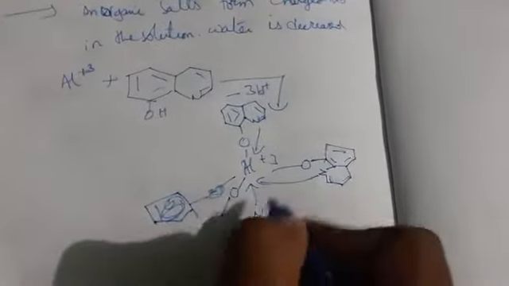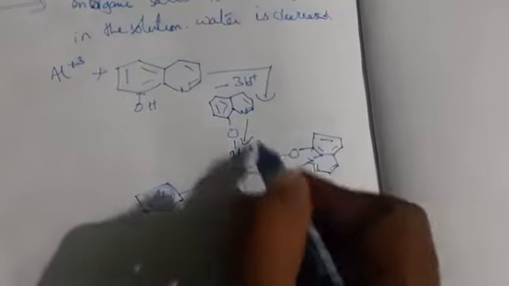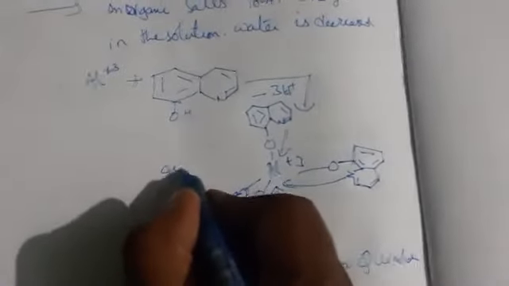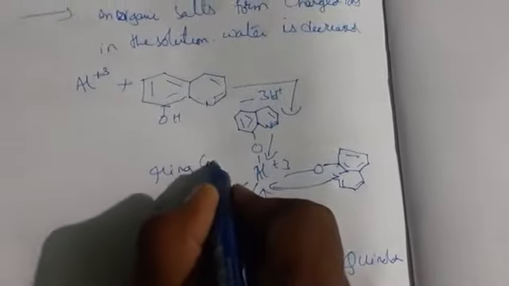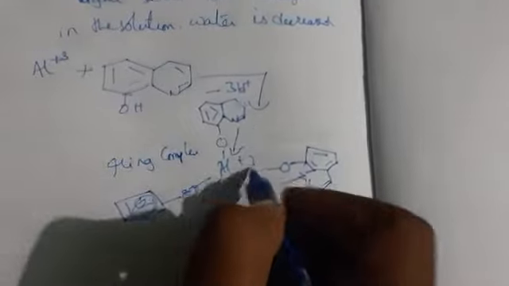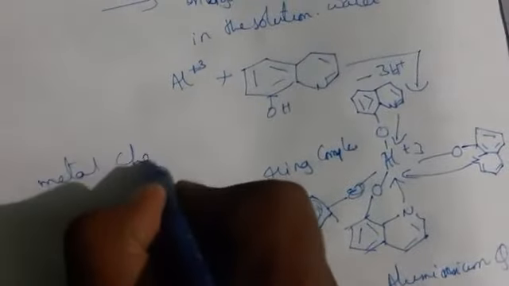There will be a loss of 3H plus. The nitrogen forms a ring compound, itself only forming a ring complex. By this we can say the aluminum is forming a ring complex, a metal chelate complex.